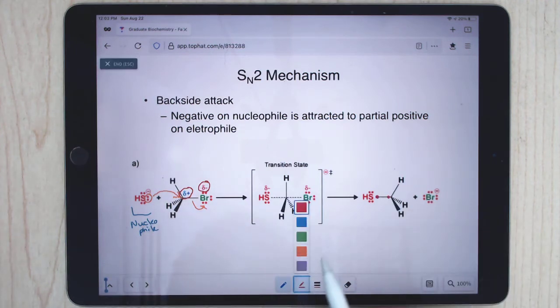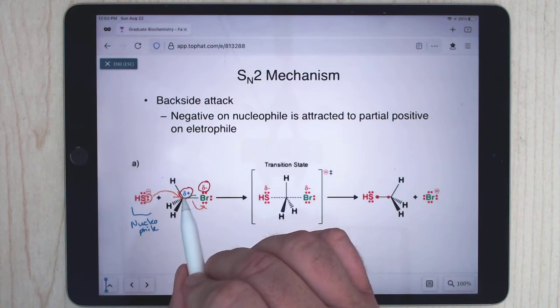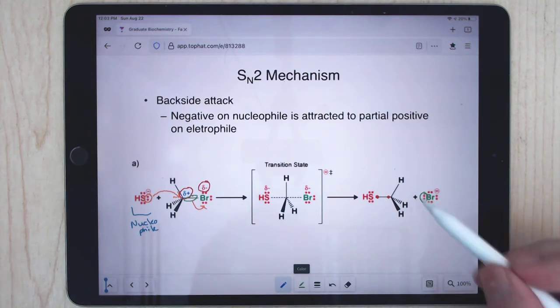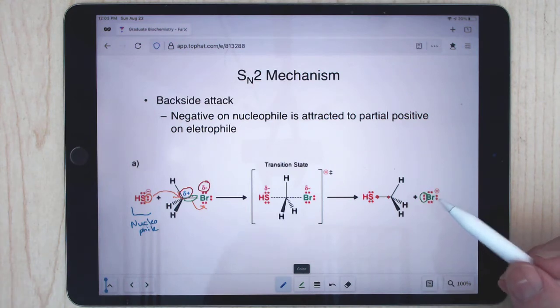The 2 electrons within that bond become this new set of lone pairs here. So you're going to see this a lot: lone pairs going to bonds, bonds going to lone pairs. And if you do the formal charge on the bromine, now it has a negative charge.